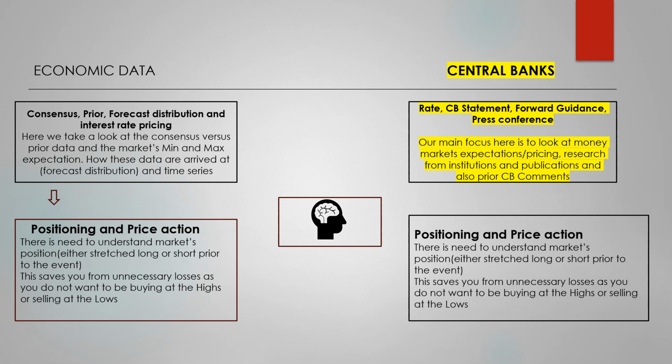And our main focus here is going to be looking at money markets expectations, which is the interest rates expectations last pricing, then looking at research and institutions and publications, and also central bank comments. So these outlook most certainly will give you, or will show you how to trade rate decisions.